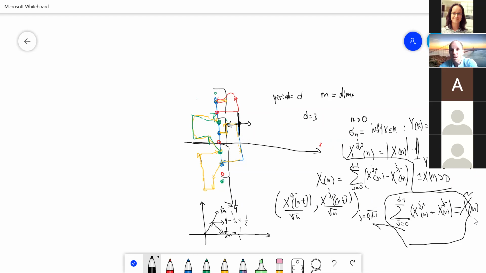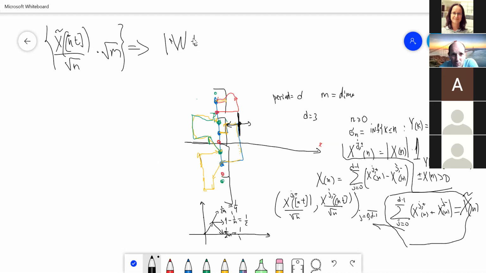And it can be seen that if you consider Donsker scaling for this random walk, and if you multiply it by square root of m, then the weak limit is the absolute value of a linear process.